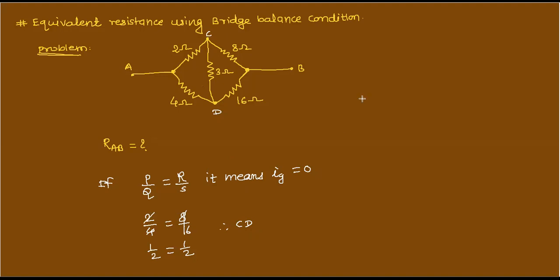Current will not flow through CD, and therefore this 2 ohm plus 8 ohm is in parallel with this 4 ohm plus 16 ohm.